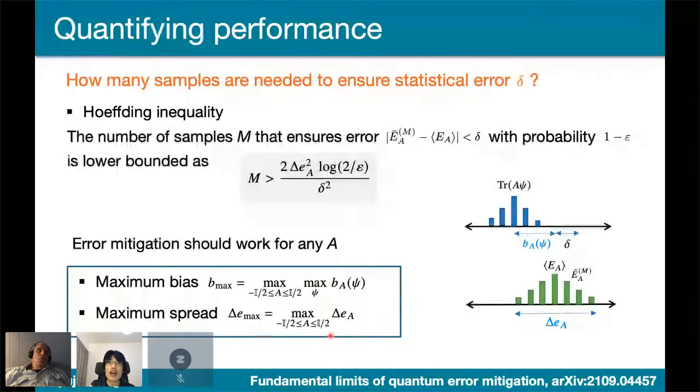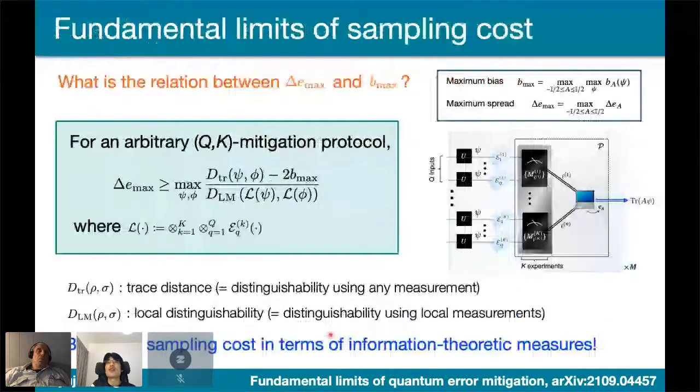So now we can turn our question into the following. What is the relation between this delta E max, the maximum spread, and B max, the maximum bias? Remember that the maximum spread corresponds to the sampling cost, and B max is the bias, which quantifies the performance of error mitigation, the reduction in the error.